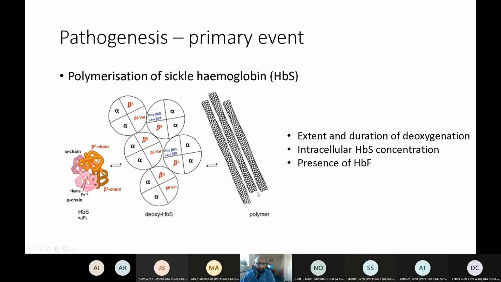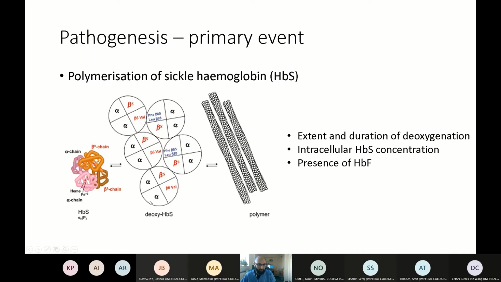So this is really the trigger for everything, and everything will come back eventually to hemoglobin S polymerization. If we can target this polymerization and prevent that happening, then this should be the aim of therapies, to prevent the initiating step in all the downstream pathophysiological processes.